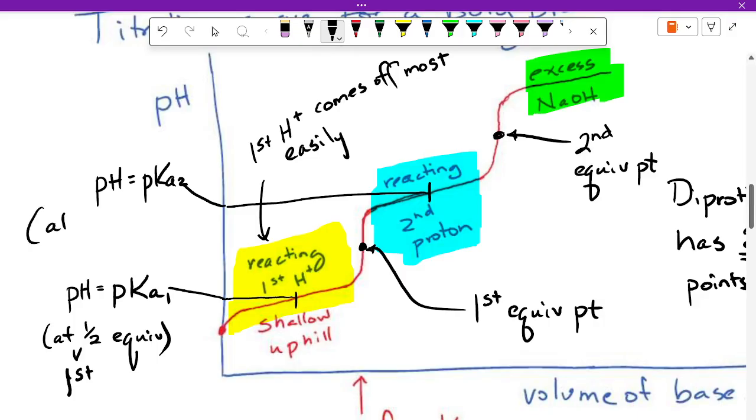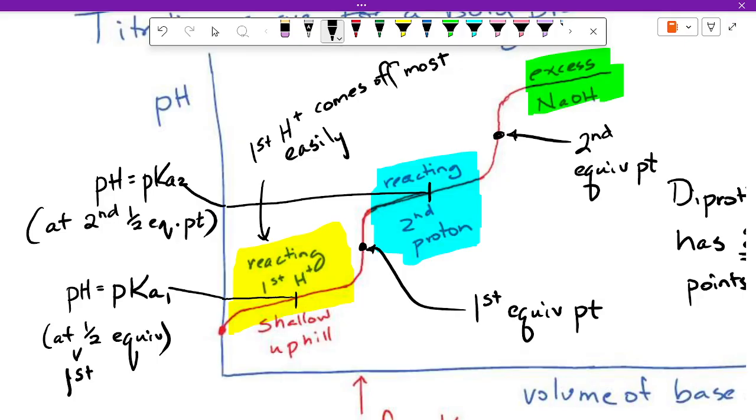This is at the second half equivalence point. How often is this going to come up?